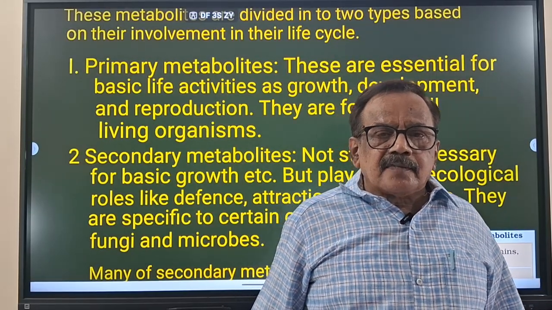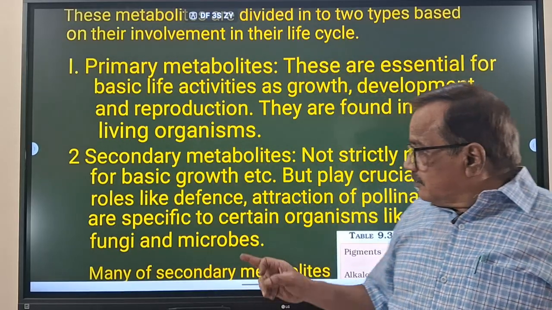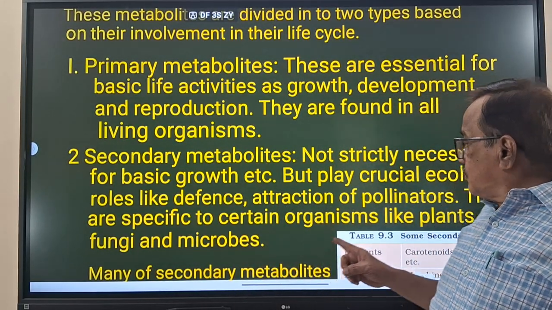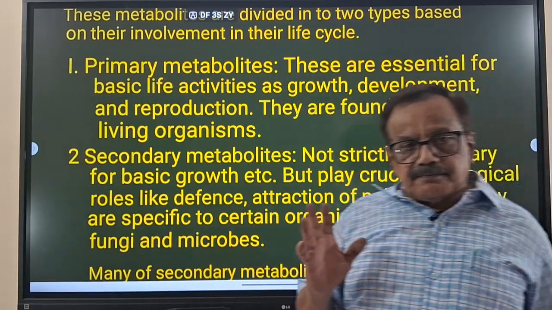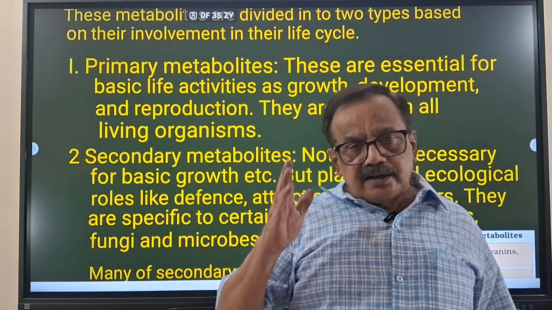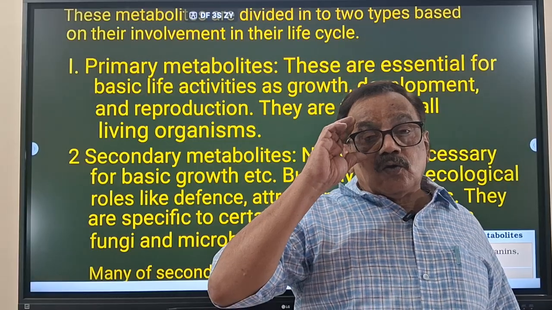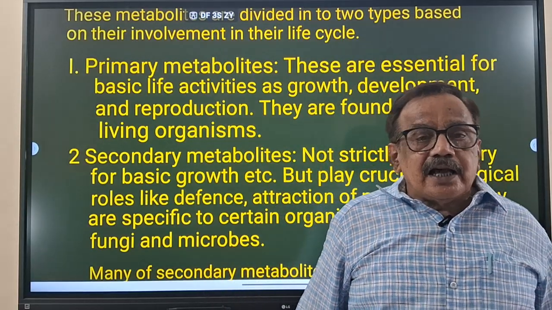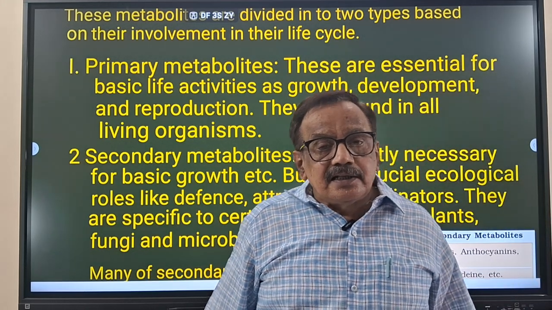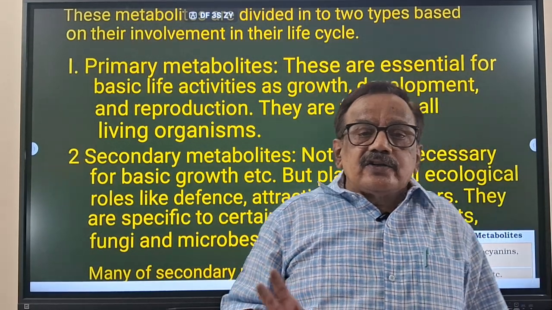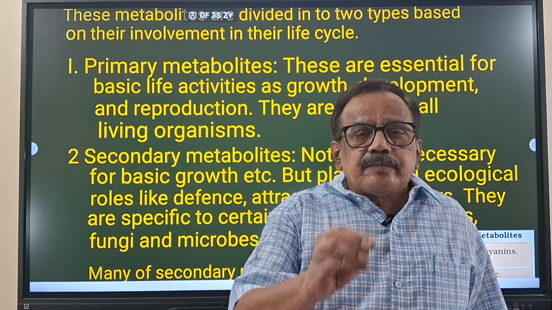Why? That I will tell you. Some plants, microbes, and fungi have secondary metabolites. Why are animals not having them? In animals, these secondary metabolites would arise from excretory products.